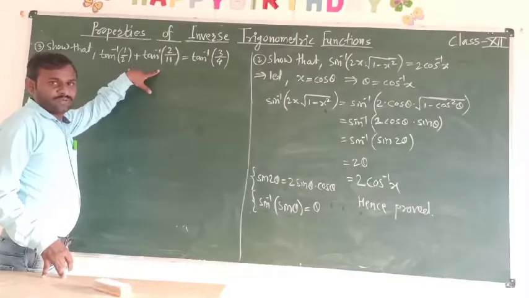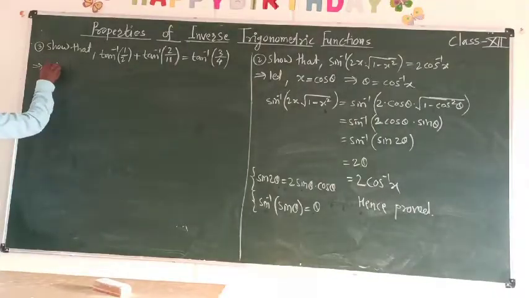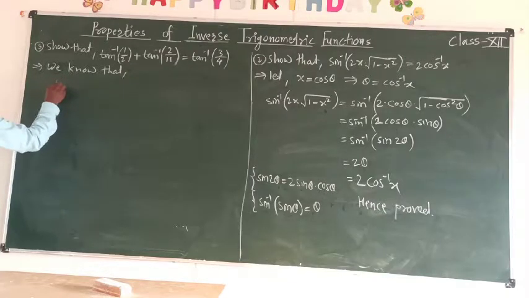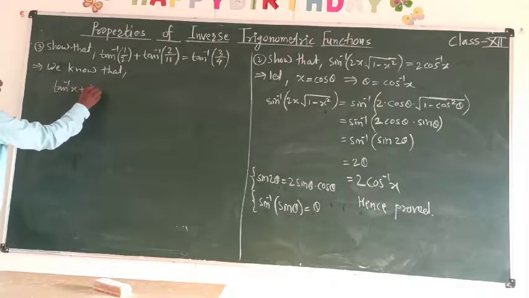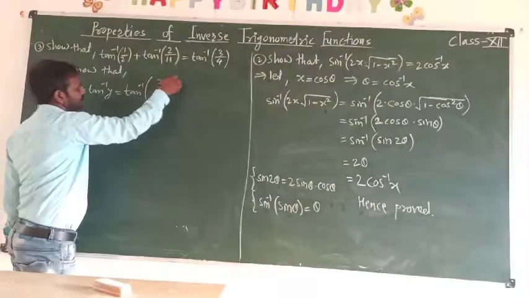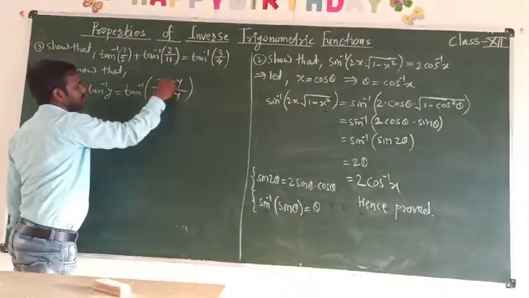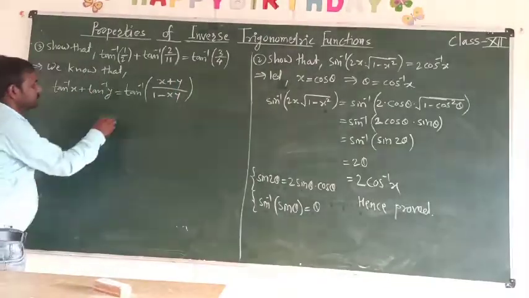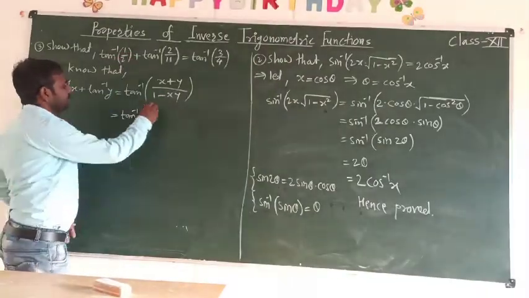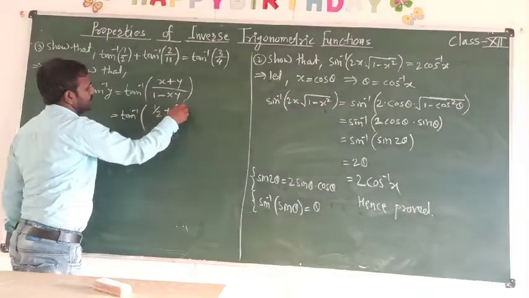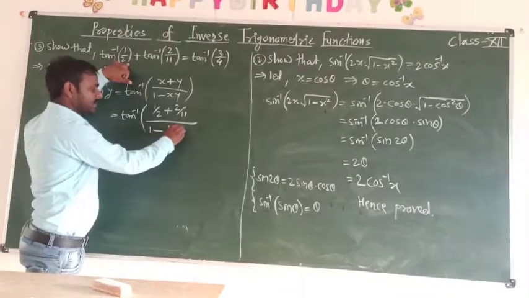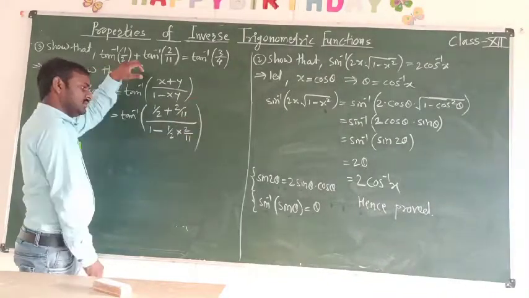We use that property here, where x means 1 by 2 and y means 2 by 11, so we get tan inverse of x plus y upon 1 minus xy.